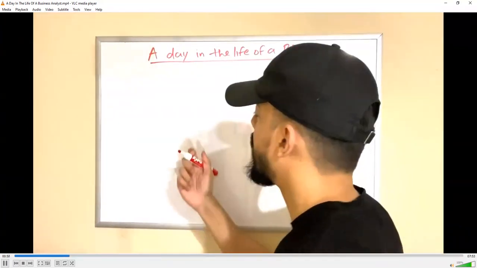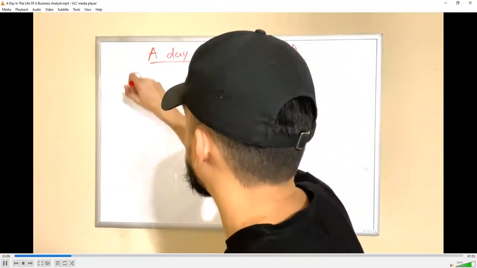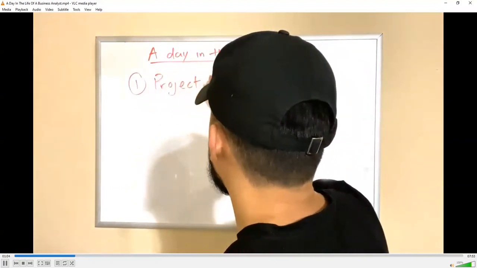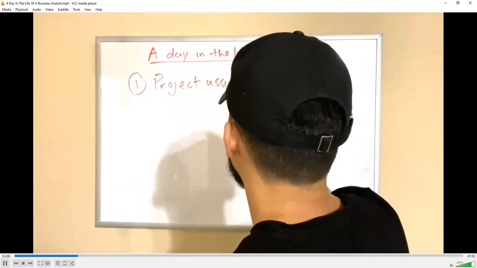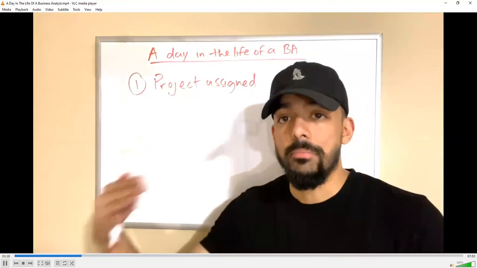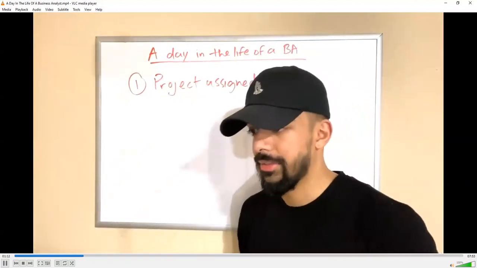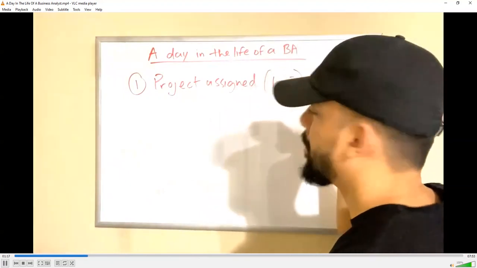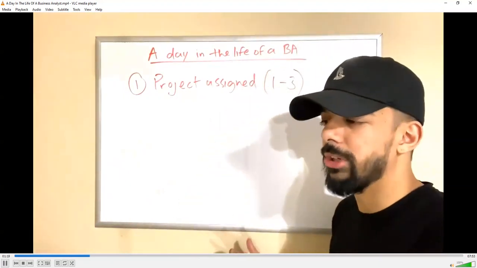So let's say you are in the beginning phase, and a project has been assigned to you. Again, you can have multiple projects assigned to you, probably 1 to 3, not more than 3.